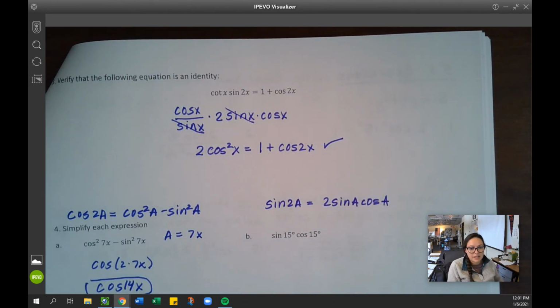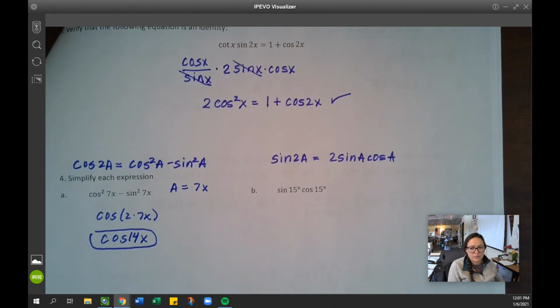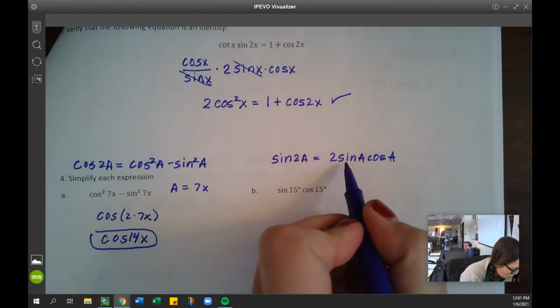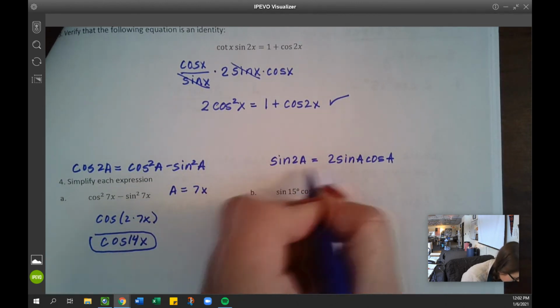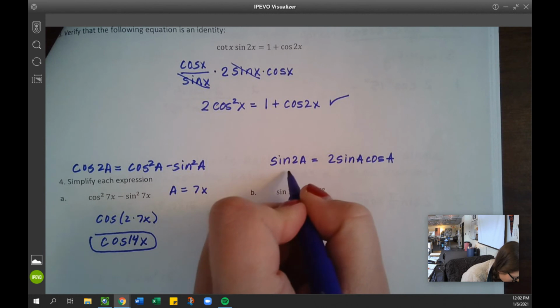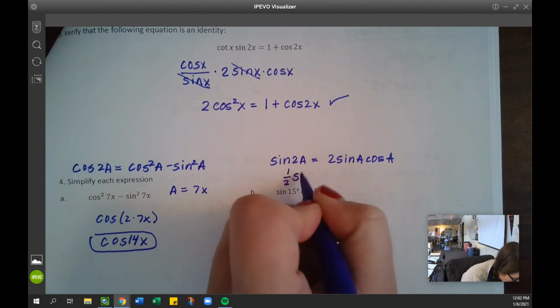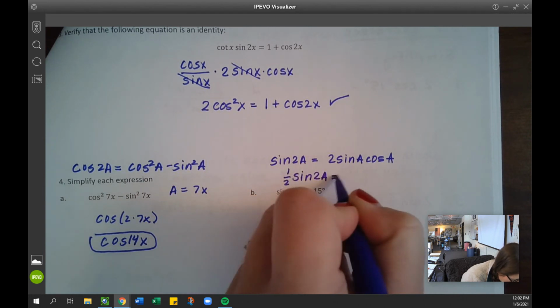Now, you might be looking at that and saying, wait, that doesn't have a 2 in front of it. That's true. So let's kind of manipulate this a little bit here. If I just have sine and cosine, this is the same thing. So I'm going to basically multiply both sides by 1/2 to get rid of that 2.